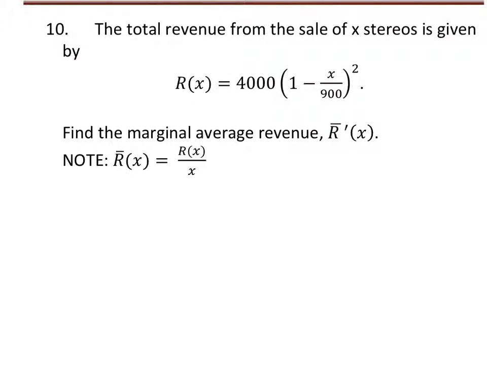The first one is that we're looking at marginal, and marginal always means derivative, but we're also looking at the average revenue. So we want the rate of change in the average revenue. And the average revenue is always written as R bar prime if you're talking about its derivative.